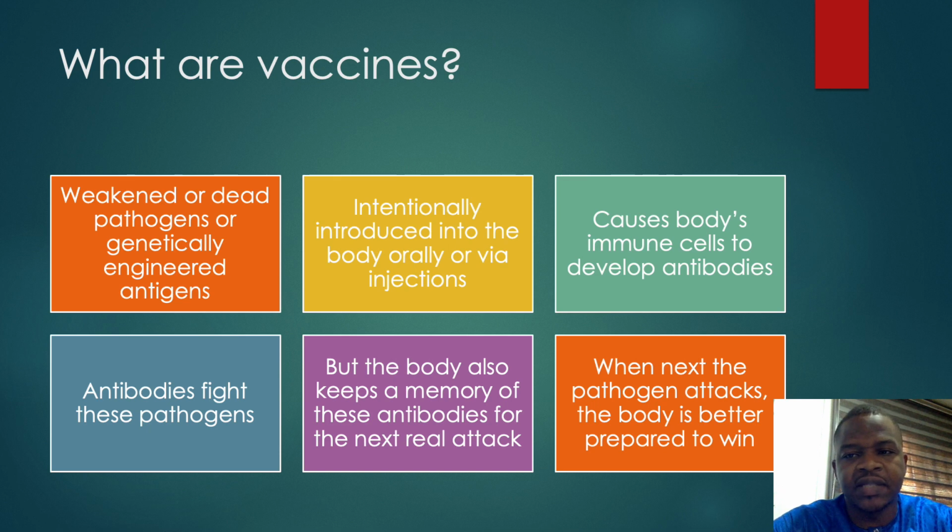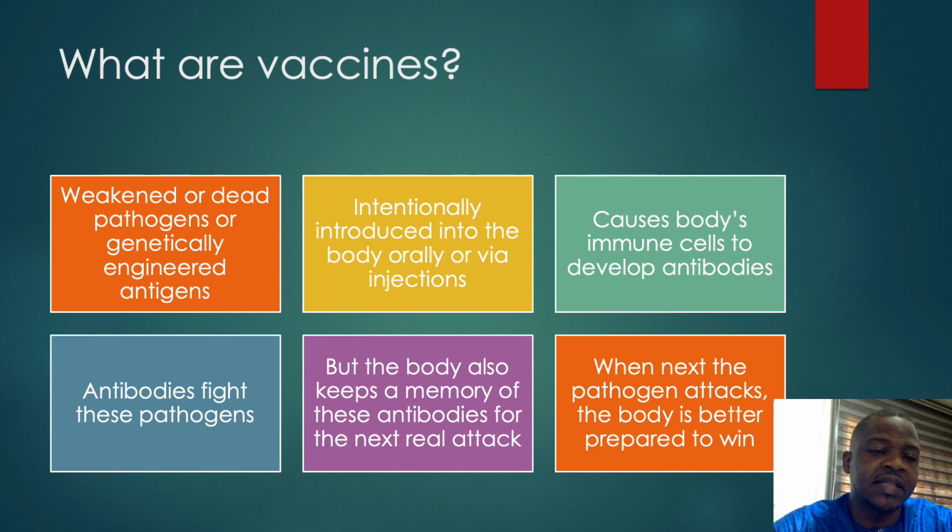So, as we can see in the slide, vaccines are actually weakened or dead pathogens that are intentionally introduced into the body. You can do that orally or via injections. And what they do is that when they get into the body, they cause the body immune cells to then develop antibodies.